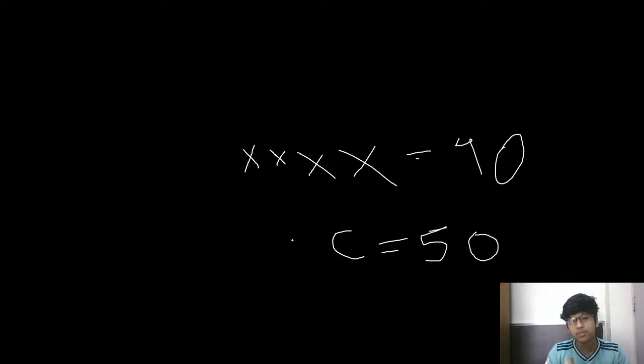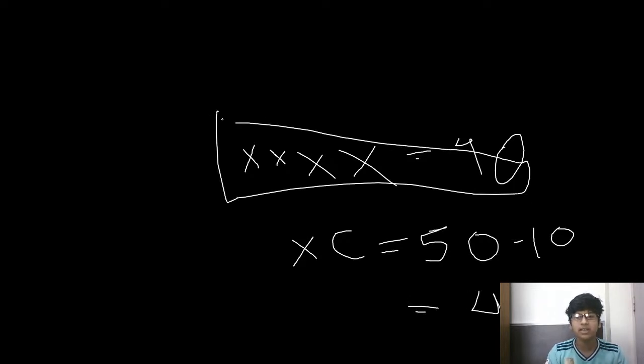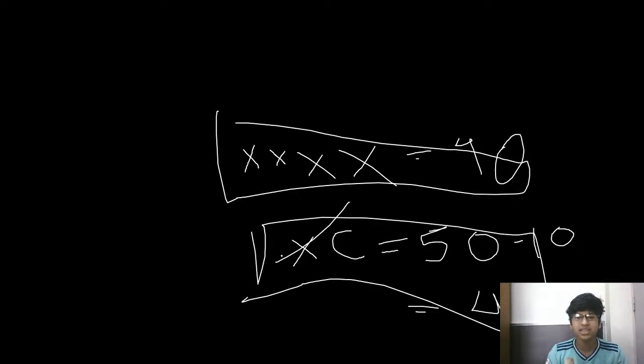And previously I told you if we write X before a number, it means minus 10. So 50 minus 10 equals what? 40. So this also means 40 and this also means 40. So this is the correct form because there is a rule, and this is wrong.